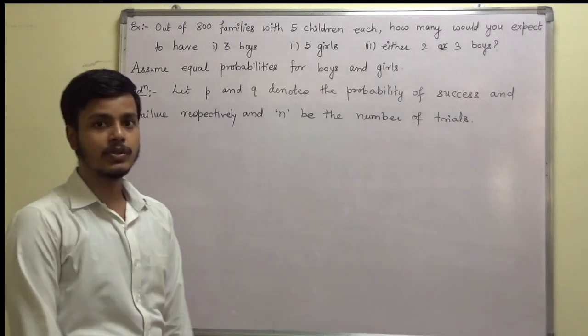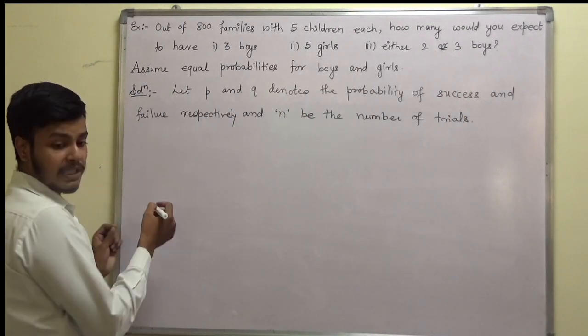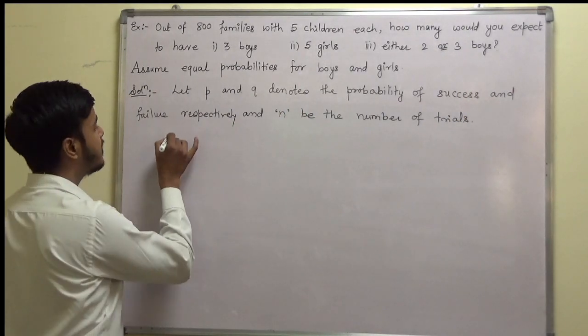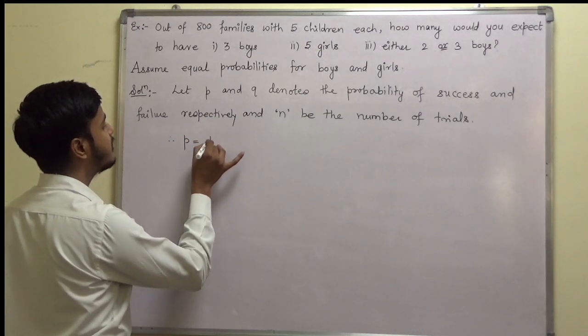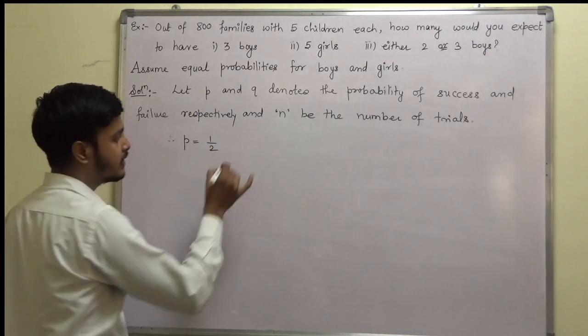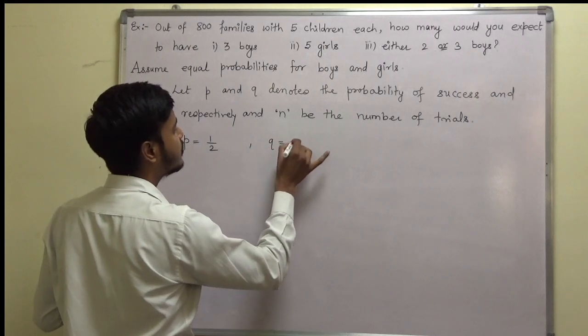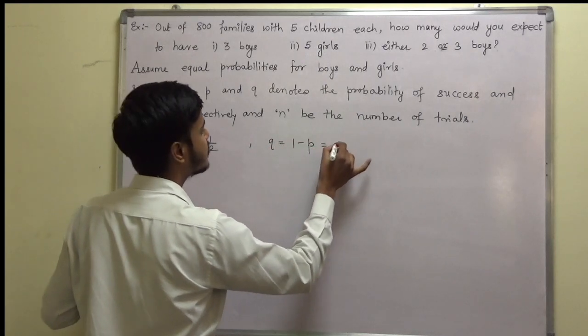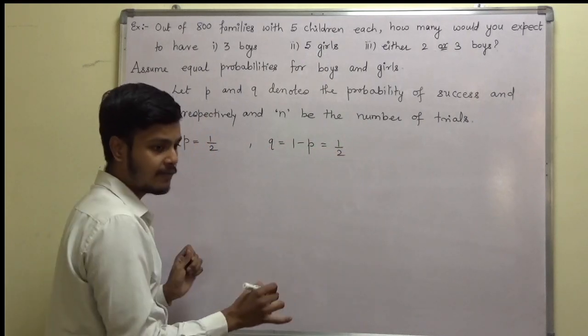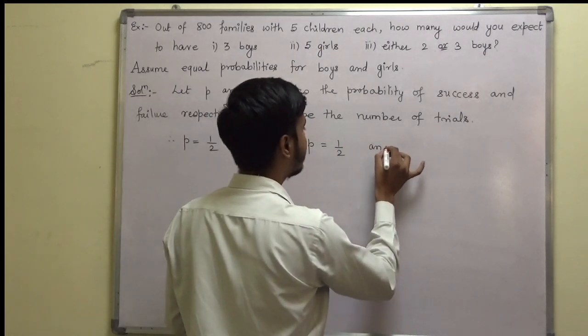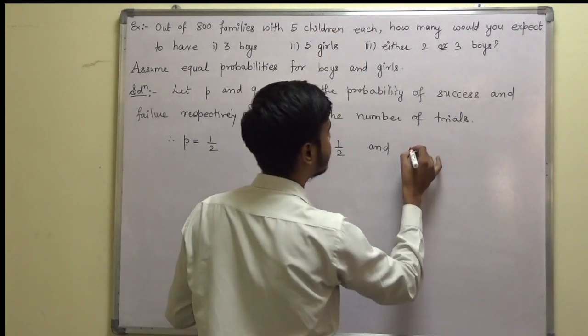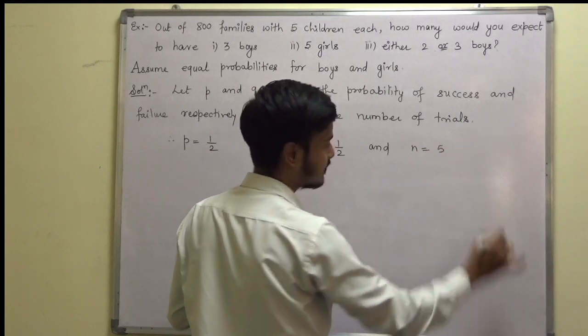What is p? Obviously the probability p would be half, and the probability of q, that is 1 minus p, is 1 minus half, which is half. And what is my n? How many children? 5. So n is equal to 5.